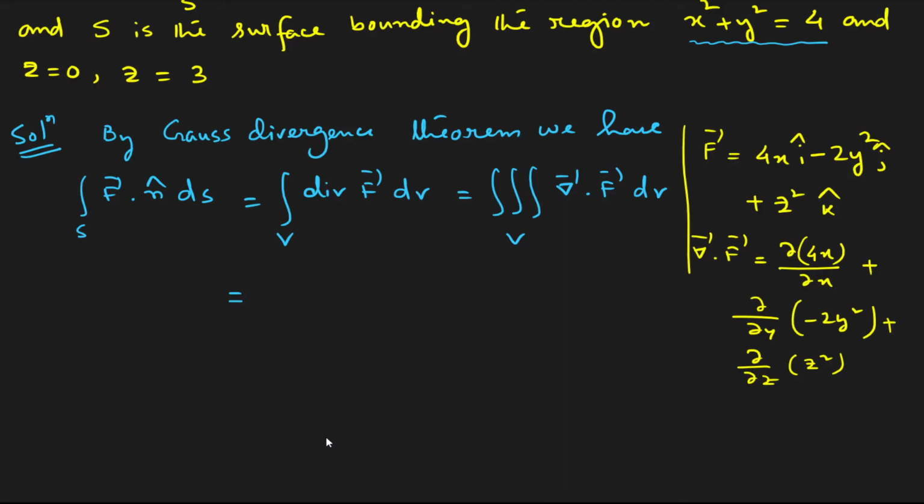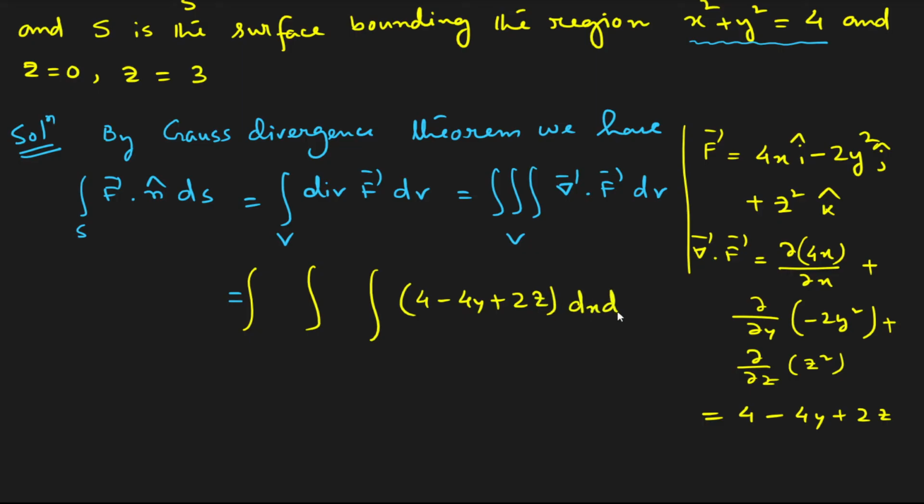So what will we get? Del x of 4x is only 4, minus 2y square will be outside, so if we differentiate it, you will get 4y, and differentiation of z square is 2z. So this will come: integration of 4 minus 4y plus 2z, and then dx dy dz.